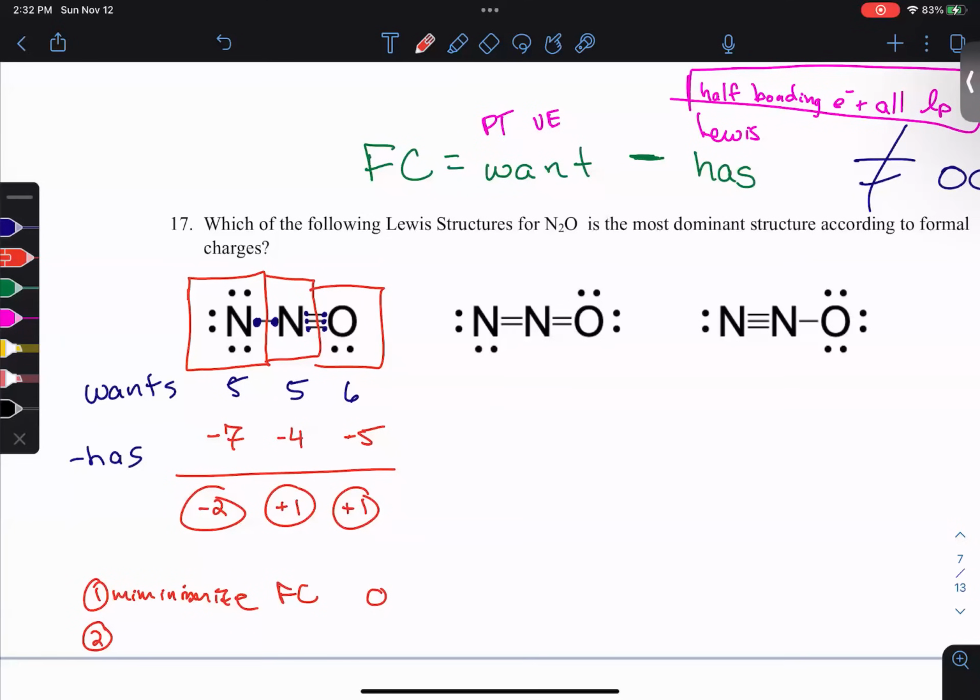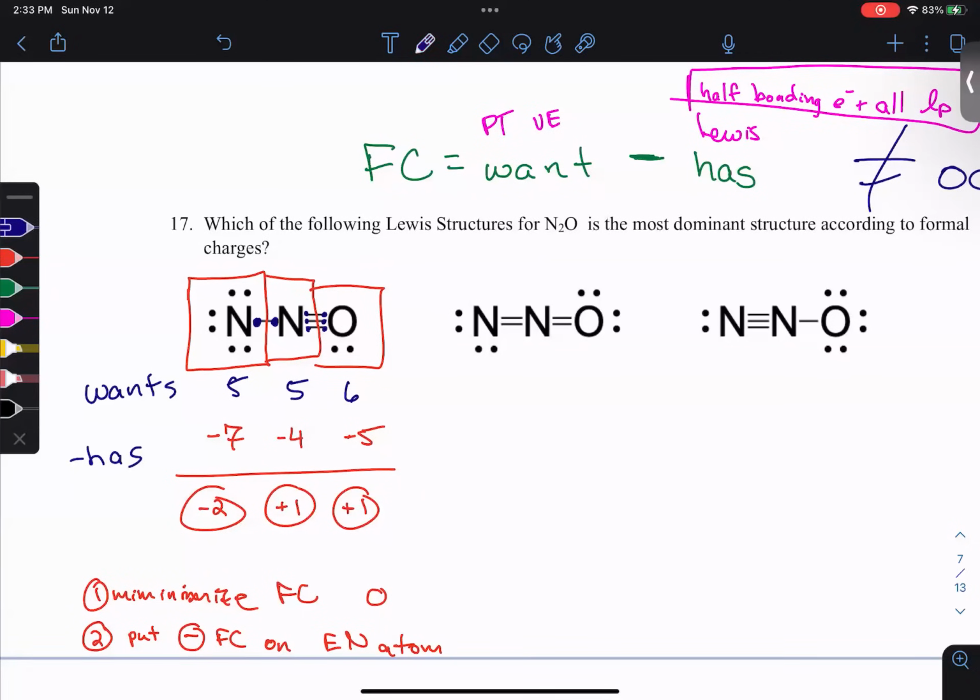But if you do have a formal charge, typically what you want to do is put any negative formal charge on the most electronegative atom. Those are the things you want to maximize in terms of formal charges, where the first one is most important. You want 0 formal charges. That is the most preferred thing. So those are the formal charges for the first molecule. So let's just do all of them. Once we get all of them, we'll see which one maximizes our criteria here.